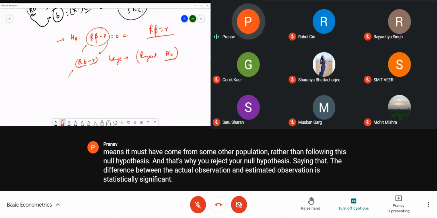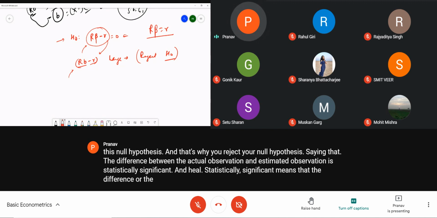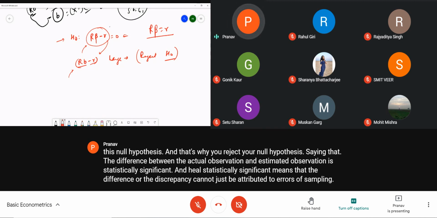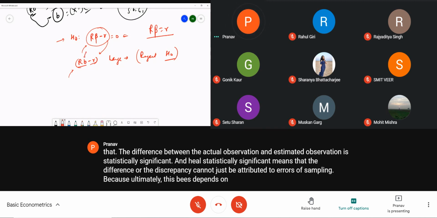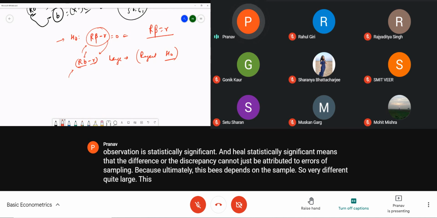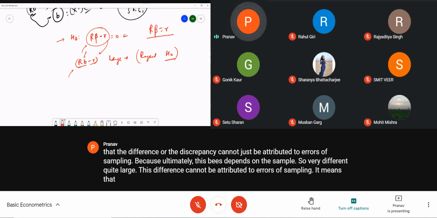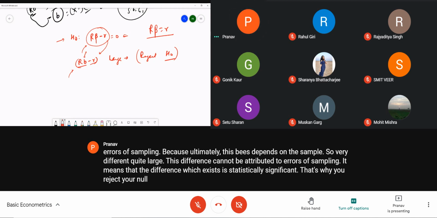Here statistically significant means that the discrepancy cannot just be attributed to errors of sampling, because ultimately this b depends on the sample. So if this difference is quite large, it cannot be attributed to errors of sampling. It means the difference is statistically significant. That's why you reject your null hypothesis.